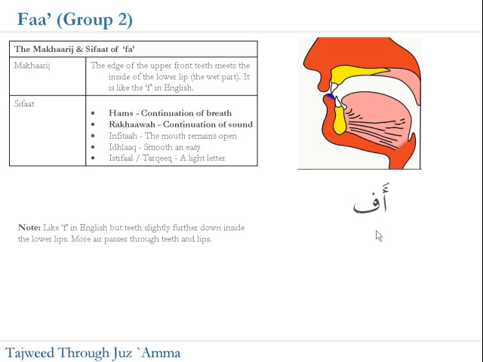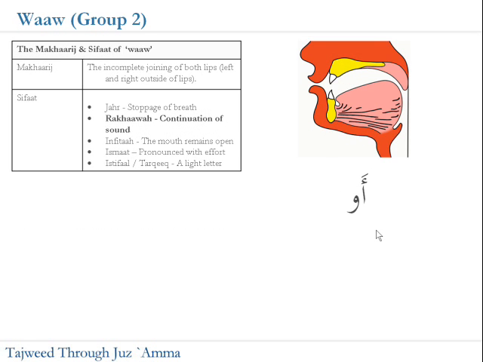Then we have the continuation of the sound itself. So when we say Af, there's the sound of the Fa continues. It's not a sudden end to the sound. So these are two of the main characteristics of the Fa. Okay, the other characteristics are written there, and again we'll cover those in the lesson on Sifat.